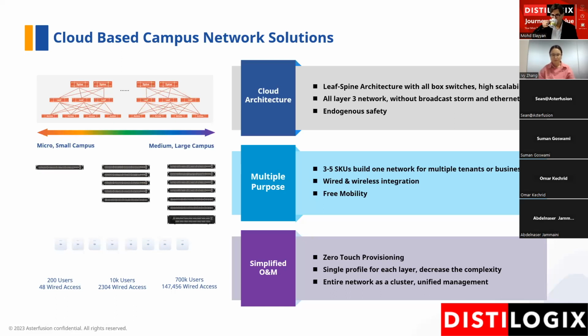Imagine that if we are using big chassis, we need spare parts of different line cards, different backplane cards, different fans, and power modules. Life will be easier in this kind of architecture, as we just need to prepare spare parts of these 3 to 5 SKUs.